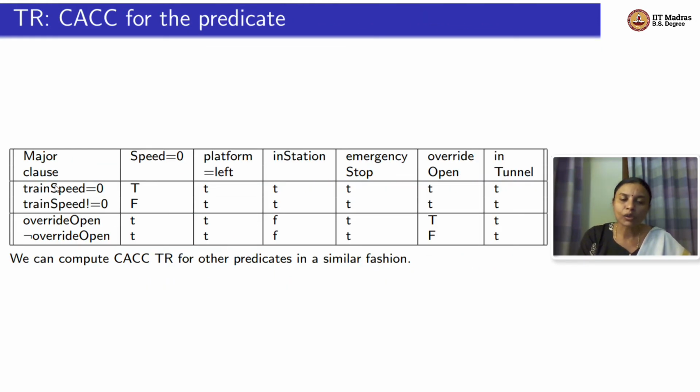So if the major clause was train speed 0, major clause being true, major clause being false, which I have written as not of train speed equal to 0, that is train speed not equal to 0. And then the conditions under which the remaining clauses: platform is on the left side, train is in station, emergency stop button is pressed, override open button is pressed, train is in tunnel.